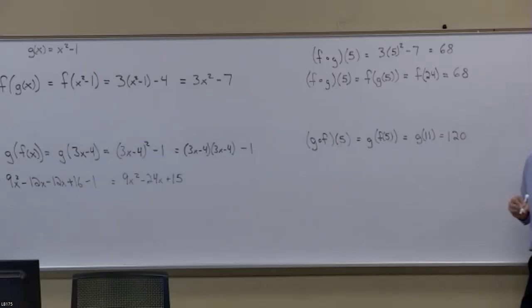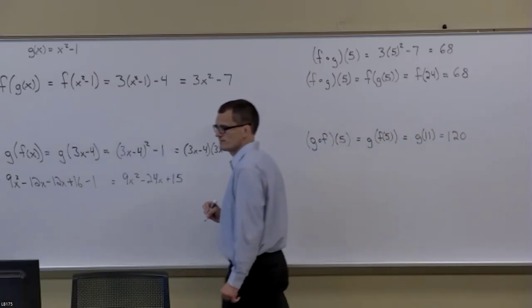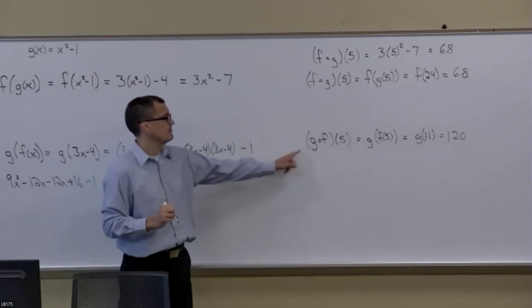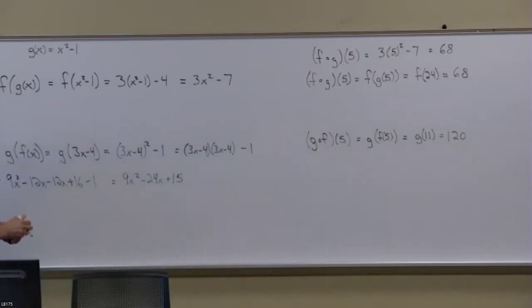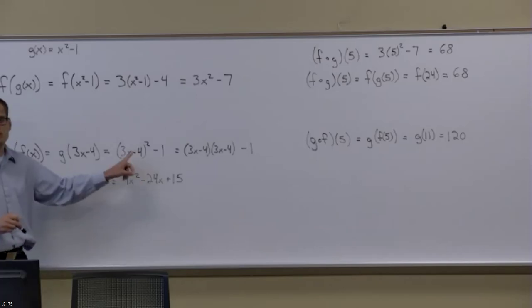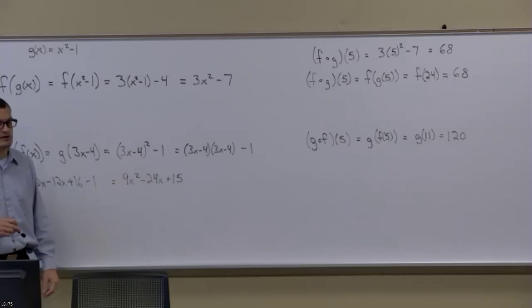So you could do that as well. Right? That's probably a little bit faster if you just had to find G of f of 5, compared to multiplying the function expressions out, doing all that kind of work. Hopefully that makes sense.